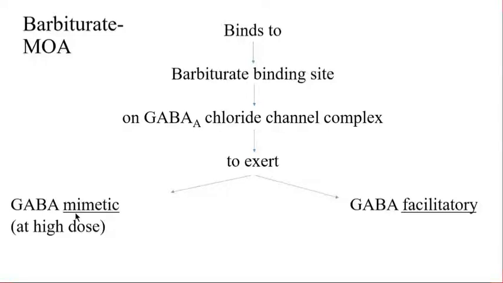Even if there is no GABA or very little GABA, all the GABA receptors might be stimulated, which brings us to the adverse drug reaction. Too much CNS depression can lead to respiratory depression, and the patient can go into coma itself. But a smaller dose of these barbiturates will have a GABA facilitator action. This will facilitate the binding of GABA.